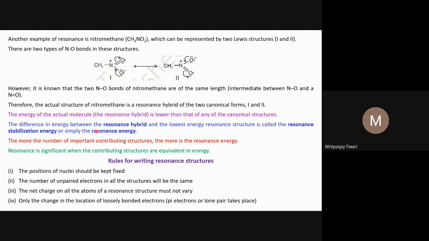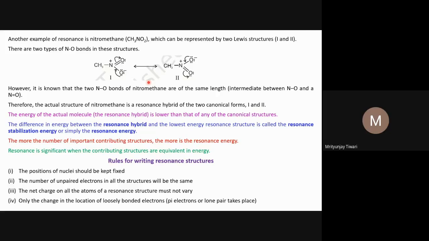The difference in energy between the resonance hybrid and the lowest energy resonance structure is called the resonance stabilization energy, or simply the resonance energy. So suppose there are many possible resonance structures of a molecule; it can have a hybrid structure, the actual structure, and the energy difference between the real structure and the most stable resonance structure is considered the resonance energy.